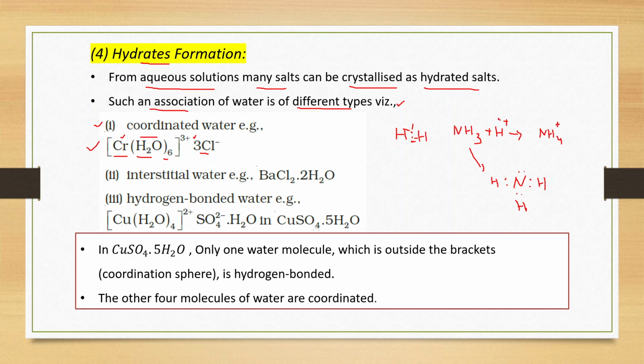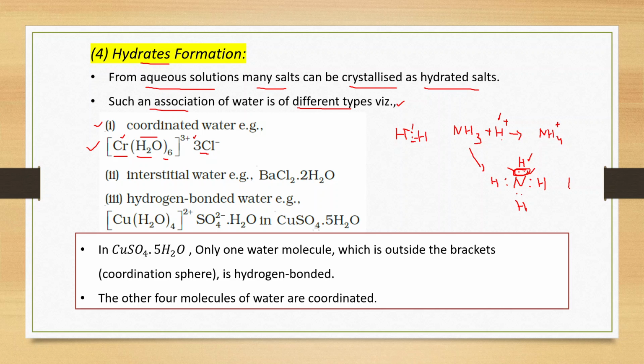But when H plus, a proton, is added to this, it does not have any electron pair. So the lone pair of electrons present on the nitrogen is donated to this H plus. In this bonded pair of electrons, there is no contribution of electrons from the hydrogen side. So this type of covalent bond, in which the bonded pair of electrons is given by only one of the bonded atoms, is known as a coordination bond.